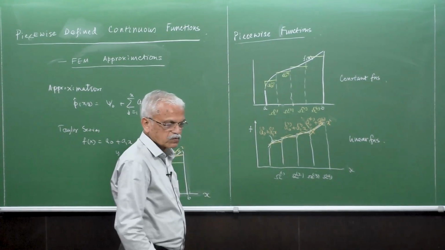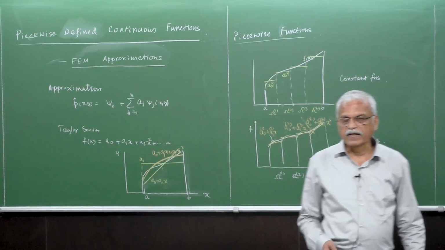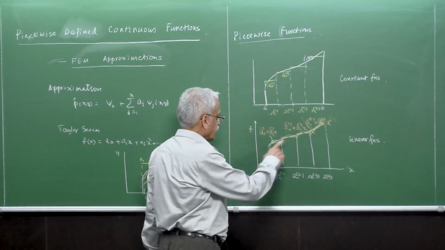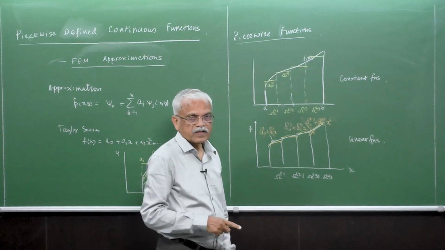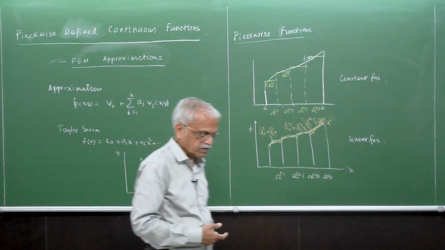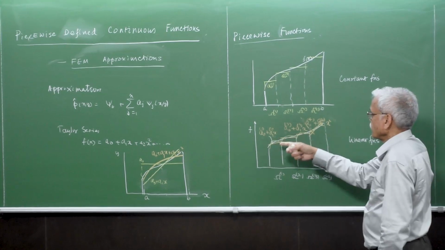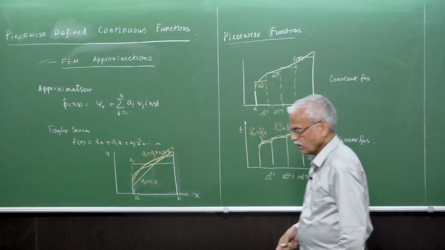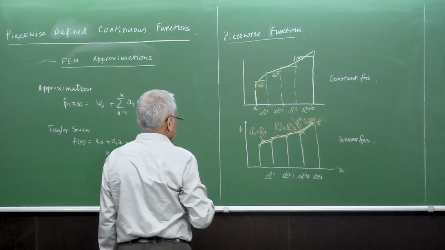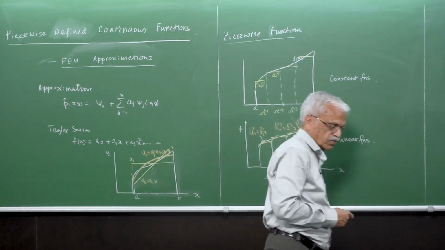One thing you observe here is that though these are piecewise defined, the approximation which we are assuming is getting closer and closer to the exact value by choosing more number of subdomains, right? In each subdomain, it is defined by 2 coefficients, or it can even be defined by 3 coefficients. So this is the basic part of the finite elements.